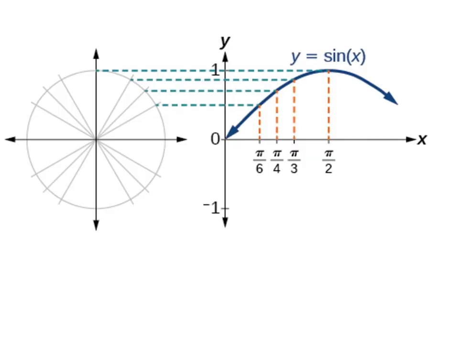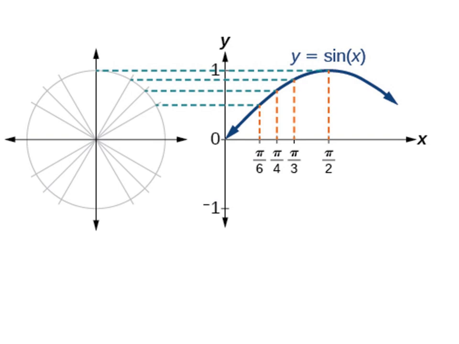This image here shows a little bit more of a connection between the unit circle and the graph of y equals sine of x. You can see on the unit circle on the left that there are 3 angles in the first quadrant that are indicated by a gray segment, and those would be angles of pi over 6, pi over 4, and pi over 3 when we move counterclockwise. Likewise, the angle at pi over 2, the 90-degree angle, is also indicated there.